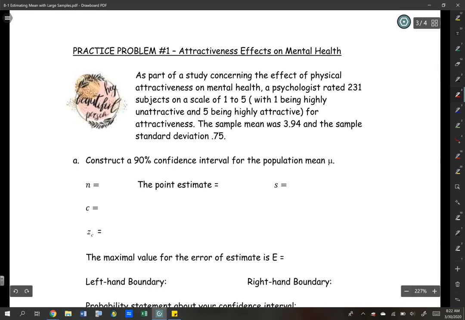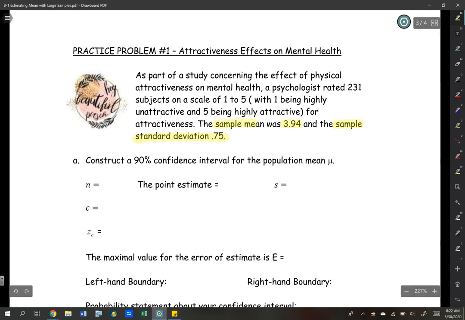The sample mean, and let's highlight the key things here, the sample mean was 3.94, and the sample standard deviation is 0.75. It says construct a 90% confidence interval for the population mean.